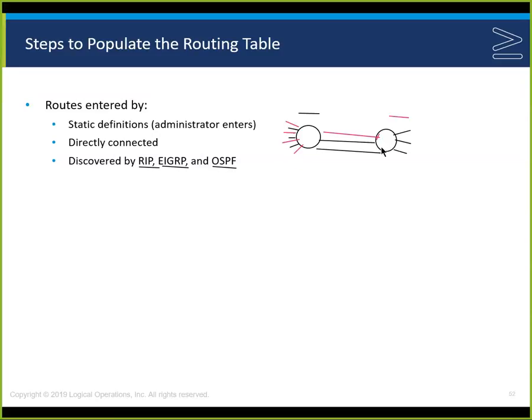What you advertise is the interfaces or the networks that are directly connected. The C networks, the directly connected networks, get shared, or advertised, which is an even better word, using the routing protocol. These use EIGRP, OSPF, or RIP, whichever they do.